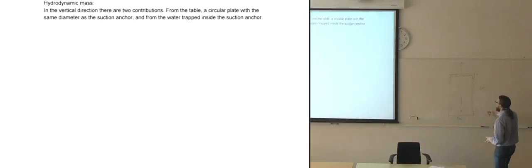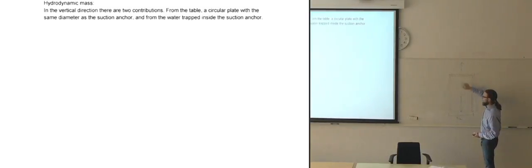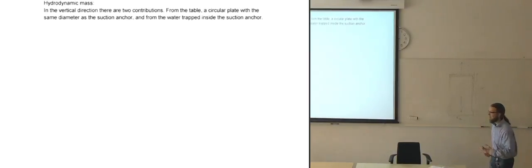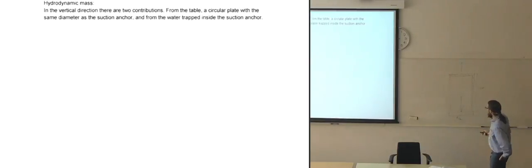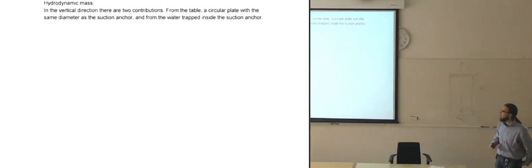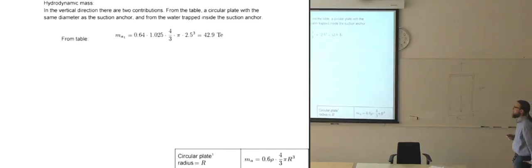Of course, if we had this opening here, we would have some flow going through it. So then we would have a completely different scenario for calculations. But then we're moving into complex structures again, and we want to stay with simple structures for this course. So we need to calculate both the cushion on the top and the bottom, and also the water that is trapped inside the suction anchor.